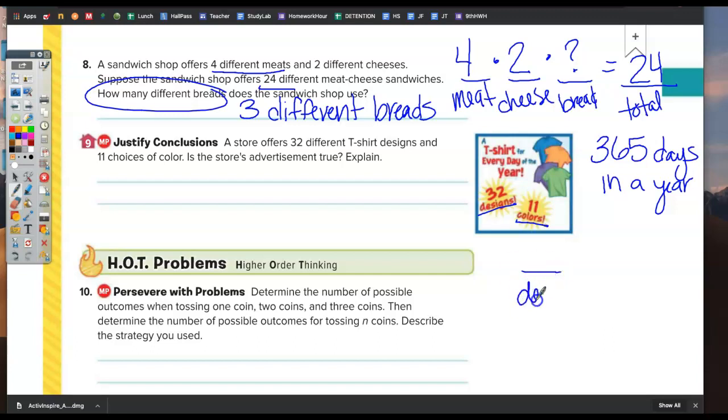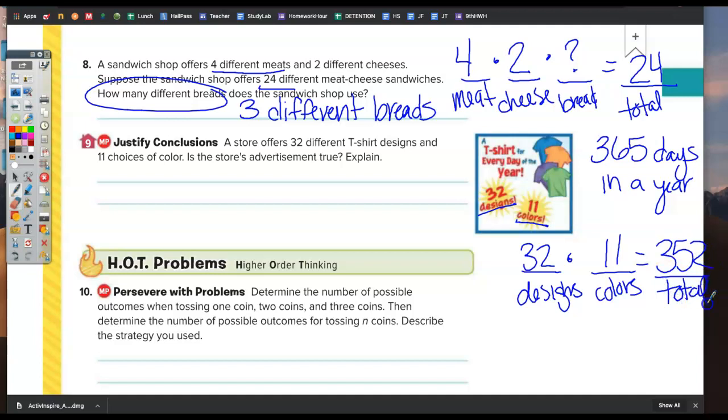This is going to be our designs, and this is going to be our colors. If we have 32 designs times 11 colors, we would actually have 352 total outcomes, or total options to choose from. Therefore, our final answer: is the store advertisement true?